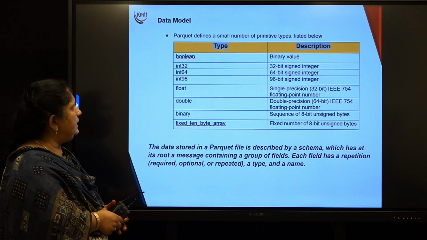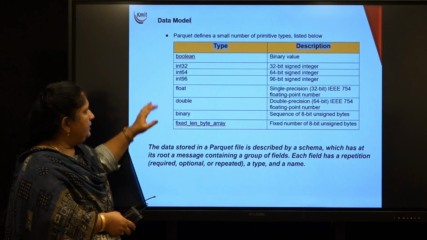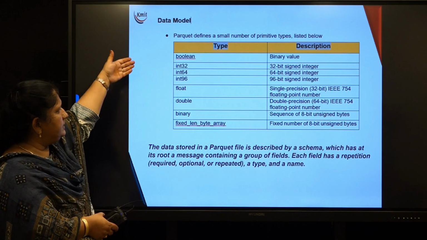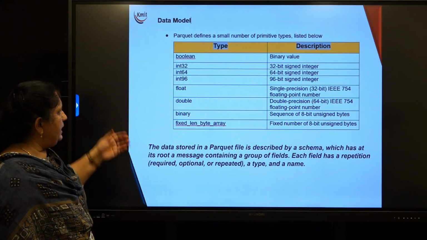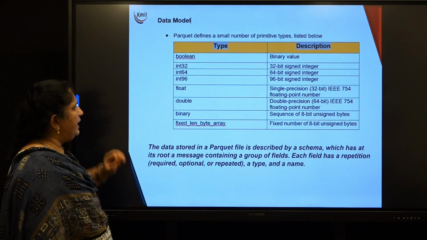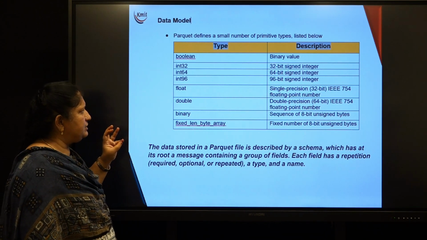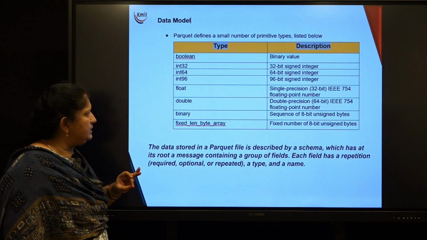Now, what are the data types I can use if I want to define my file? If you see how many types of integers there are, first I have the boolean, which is maintained as a binary value. And how many types of integers do we have? Int 32, all are signed integers only. 32 bit is there, 64 bit is there, 96 bit is there.